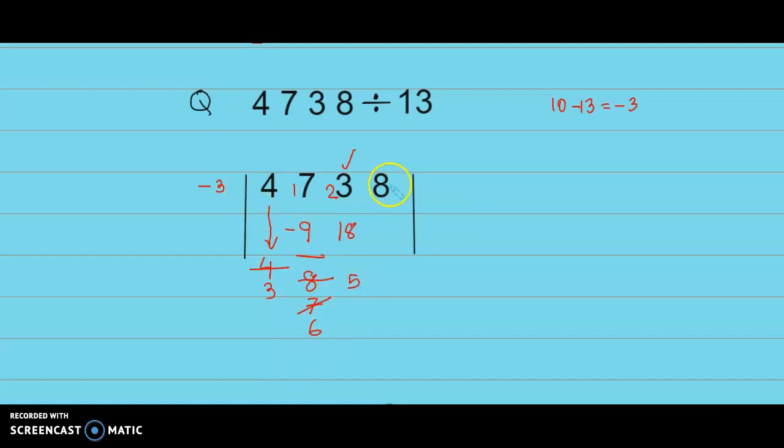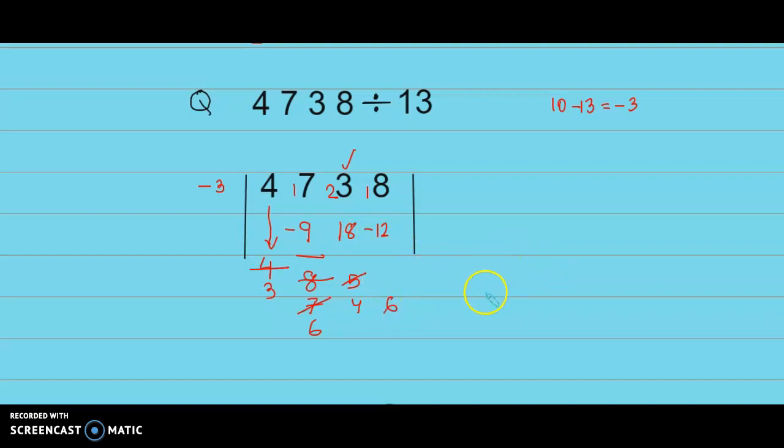Again 5 3s are 15 and 15 is more than 8. Reduce it by 1 digit, so it becomes 4. 4 3s, and here you have reduced by 1, so add 1 here. So 4 3s are 12. 18 minus 12 gives you 6.